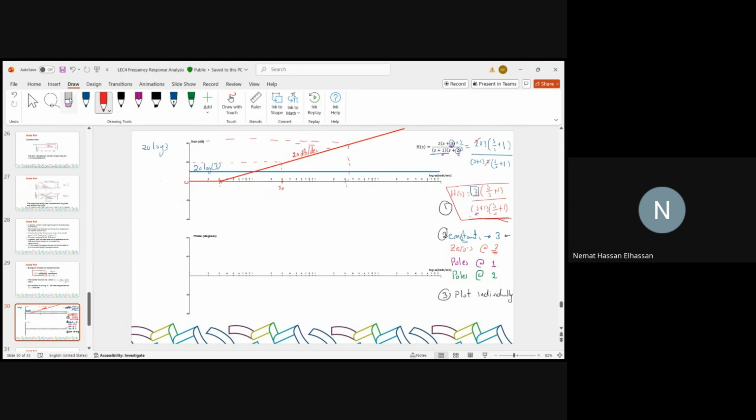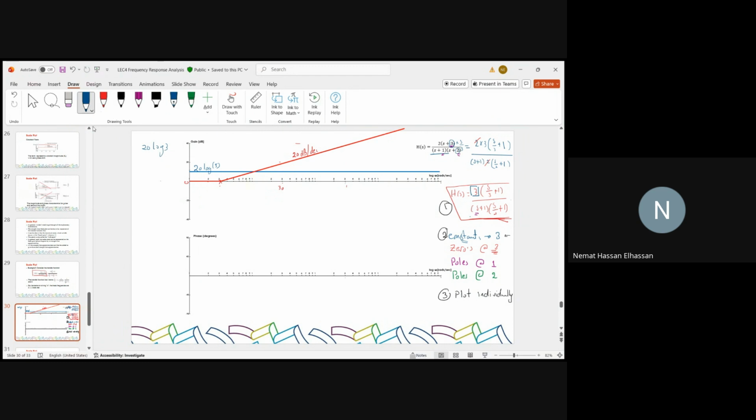So basically, the rate of change or the slope of this line is 20 decibels per decade. So this is the second element plotted.